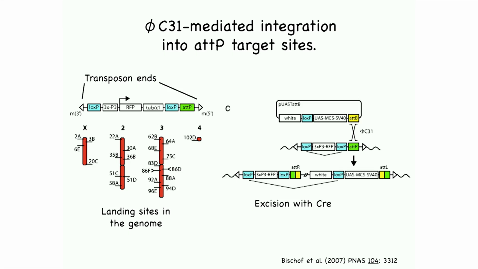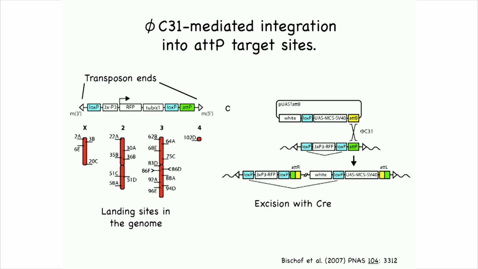People have devised other transposons for Drosophila now. So you can pack a P element with any collection of sequences you want, and then just having the ends of the P element surrounding that collection of sequences, if you express the P transposase, at the same time you put in this DNA, typically as a plasmid, that hybrid transposon will go and it'll jump into various places in the genome.